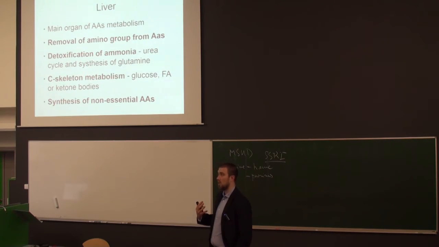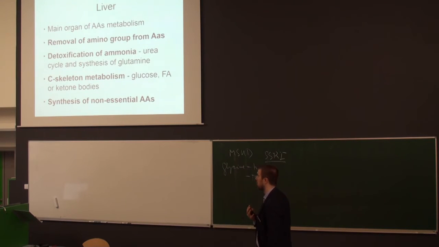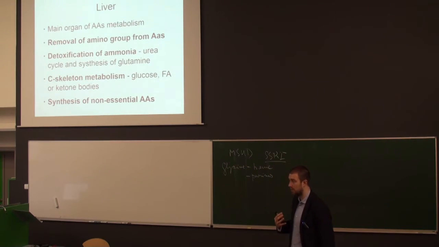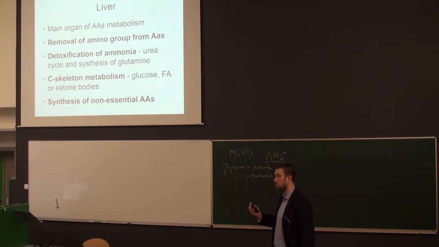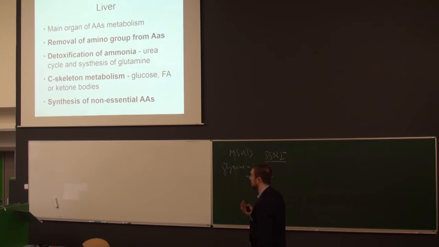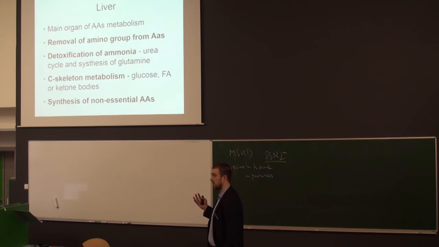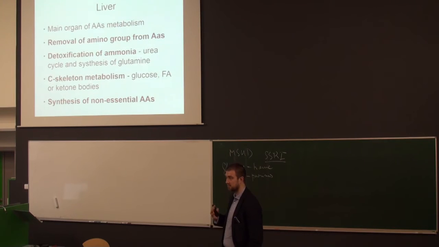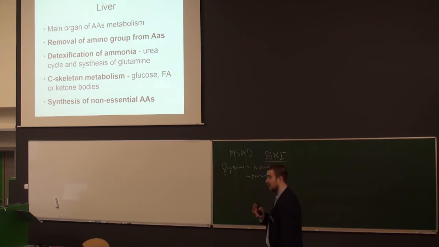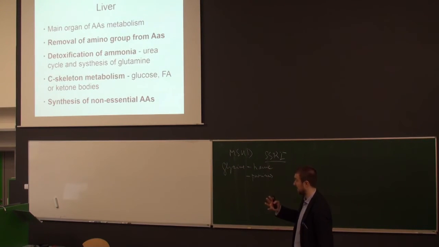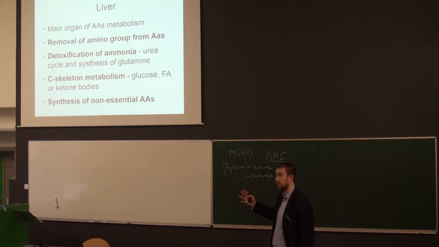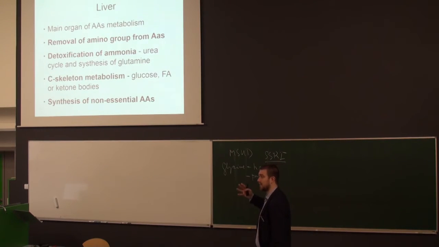Then, when you have free ammonia, you detoxify this ammonia in liver cells to urea. That means that liver cells are the place where you remove the amino nitrogen and subsequently detoxify it, and then liver cells will excrete the urea into the bloodstream and the kidneys will excrete it from the body.